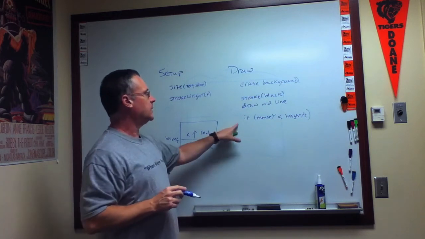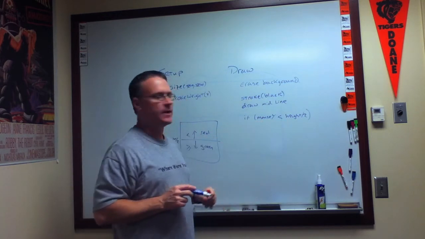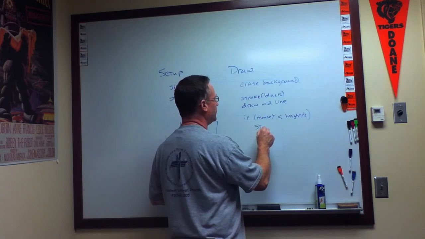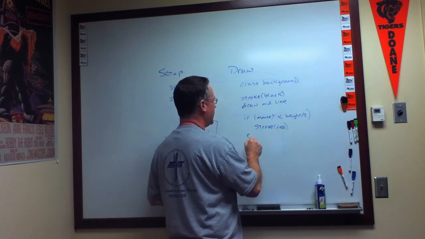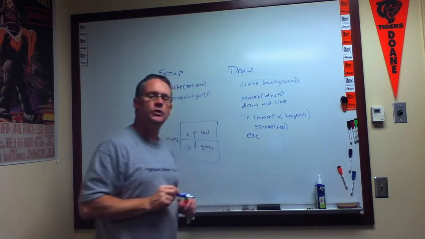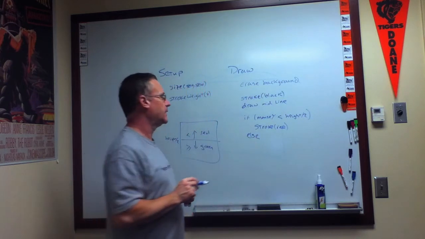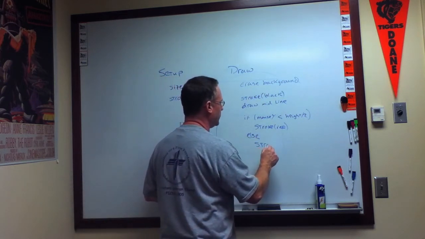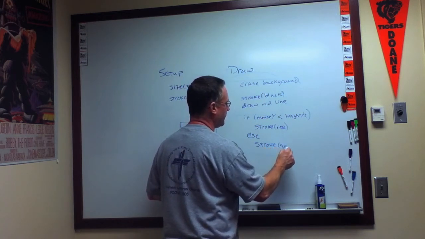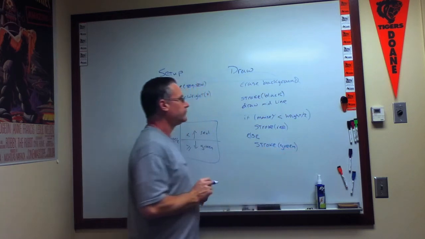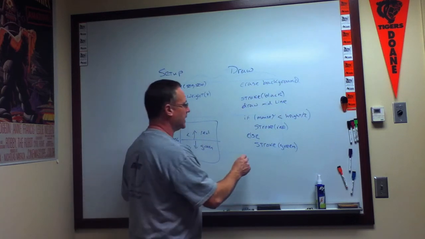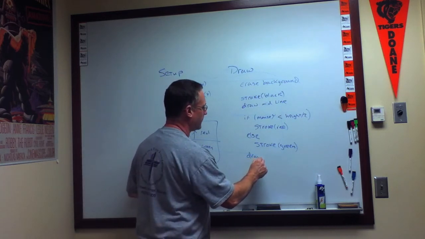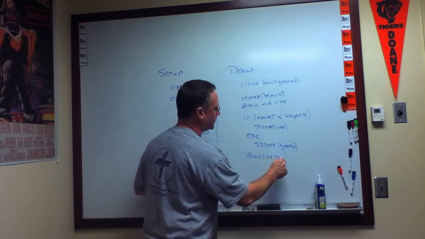Okay? So if mouse Y is less than height divided by 2, we'll set the stroke color to red. Otherwise, this is where the two-armed if comes into play. We'll set the stroke color to green. And then after that if statement's done, what we need to do is draw our line to the mouse pointer.